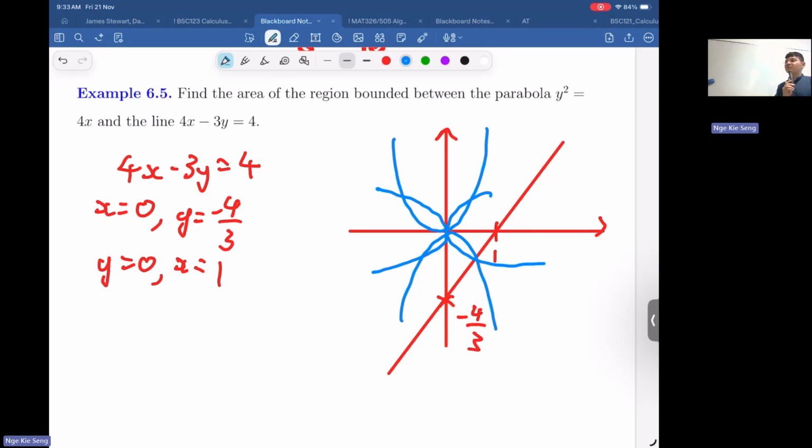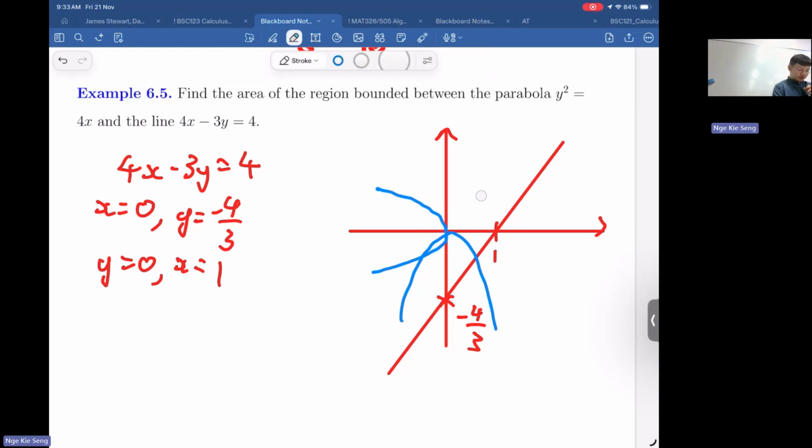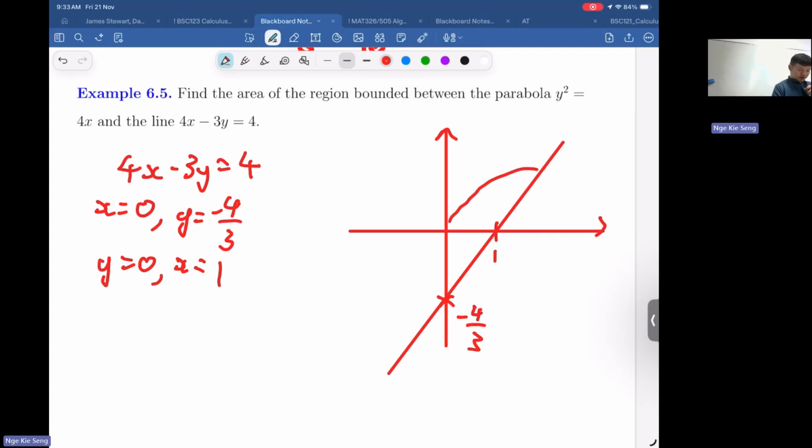So then you need to pick the other 2 directions. So which one do you pick? You pick the right direction because y squared is always positive. So 4x equal to something always positive means x will always be positive. So actually your parabola faces to the right.